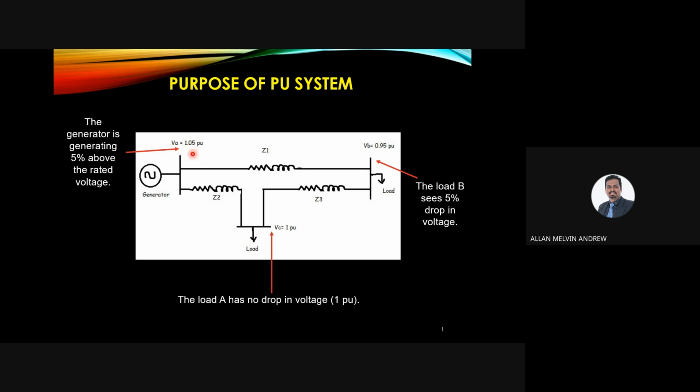So it's not 1. We know 0.05 is added to this pu value. 0.05 times 100 is 5%. So based on this part, the generator is generating 5% above the rated voltage. So that is what we can understand here.